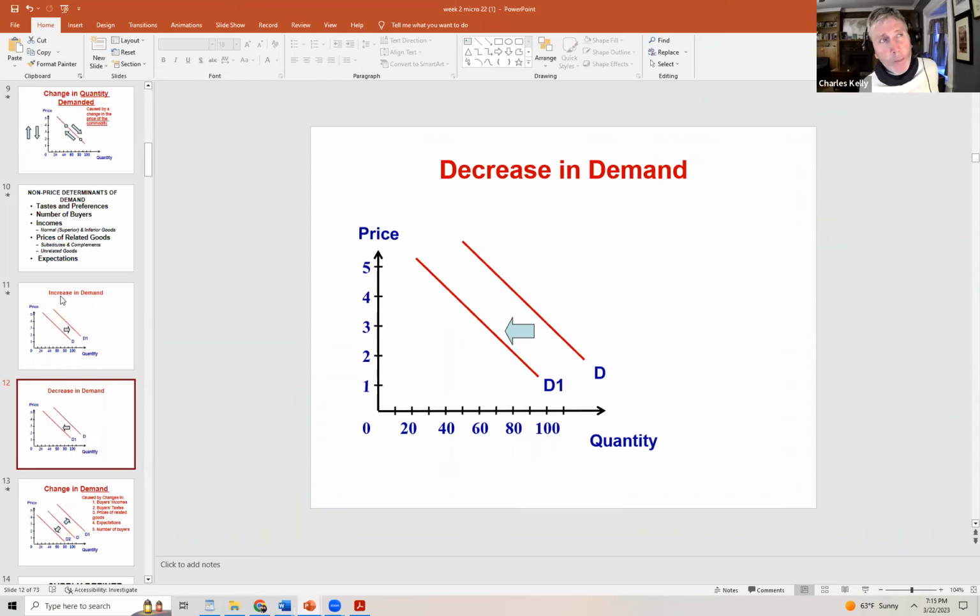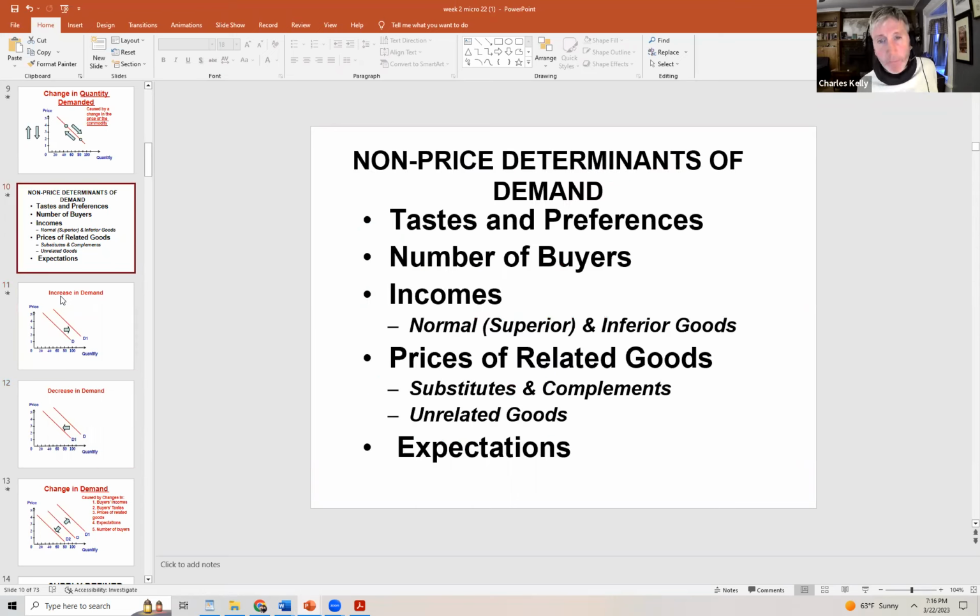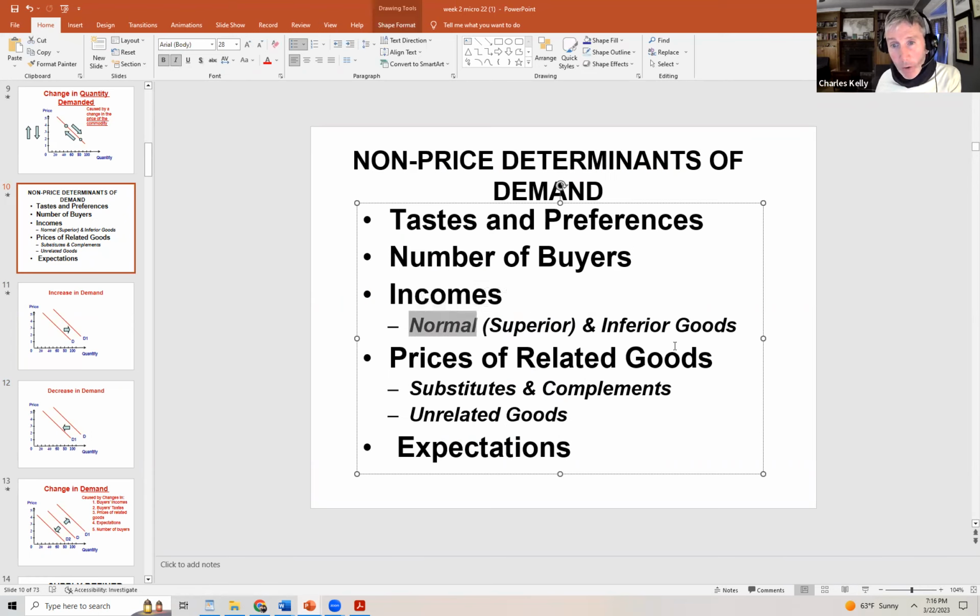Again, normally when there's a decrease in buyers' income, there'll be a leftward shift, a decrease in demand. Right? Increase in buyers' income, increase in demand. But notice a little caveat here. What economists do is they differentiate between normal goods and what we call inferior goods.